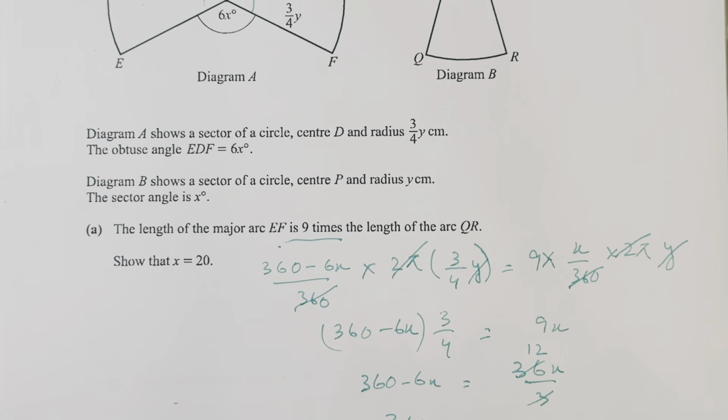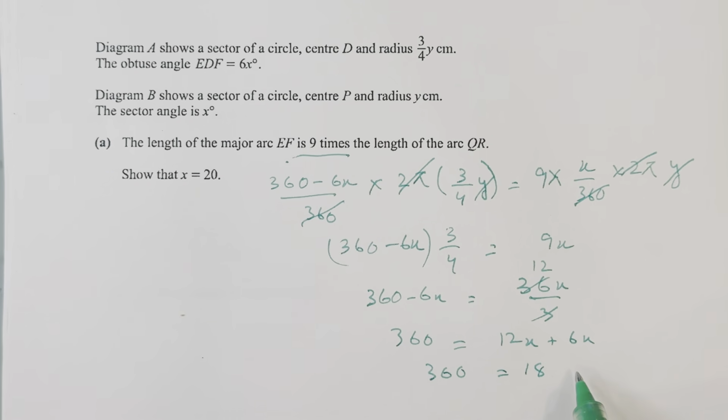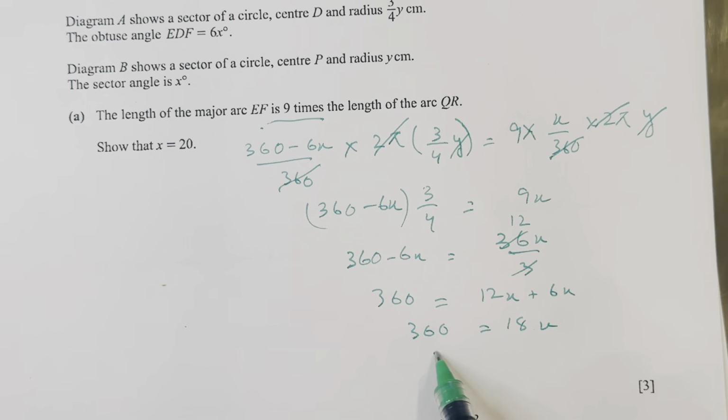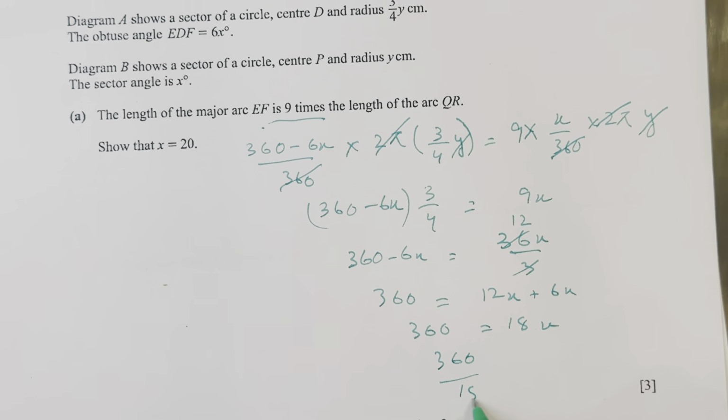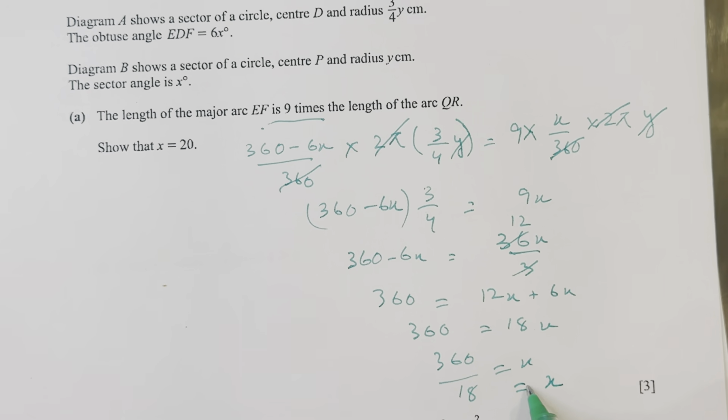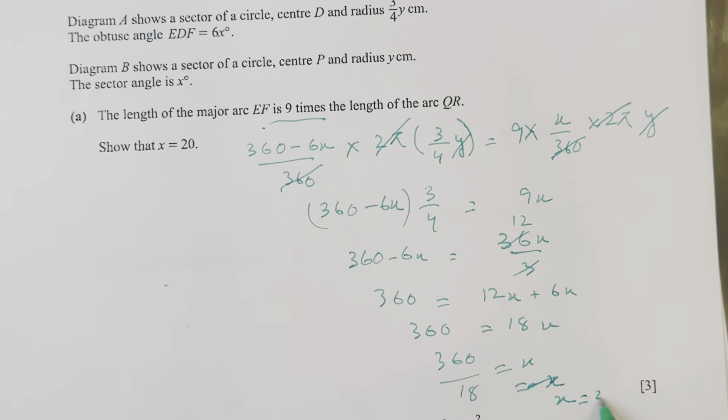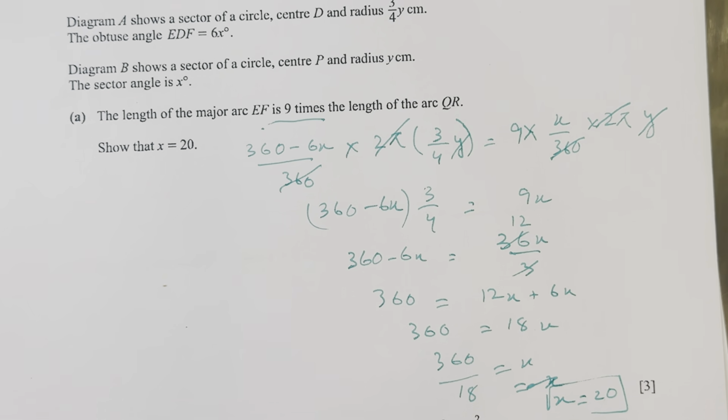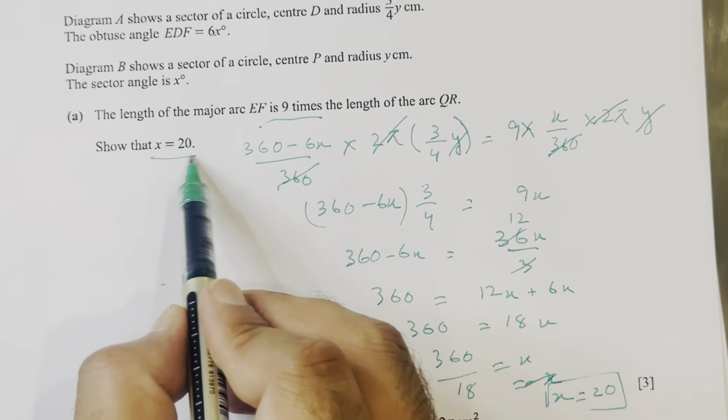Then 360 is equal to 12x plus 6x. 360 is equal to 18x. 360 over 18, the answer is 20. So this was the requirement. We need to show that x is equal to 20.